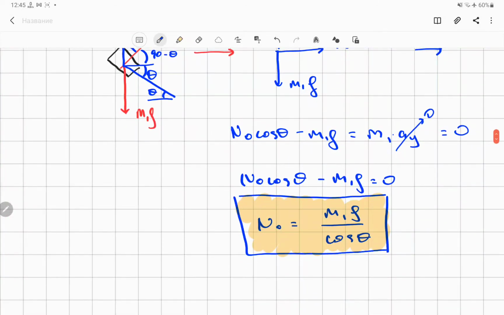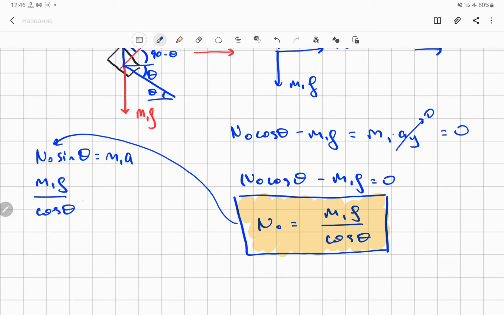In horizontal direction, we have only one force, N0 times sine theta, which should be equal to M1 a. And M1 G divided by cosine theta, this is N0, times sine theta should be equal to M1 a. We can remove masses. And the acceleration, we have a equals G times tangent theta.